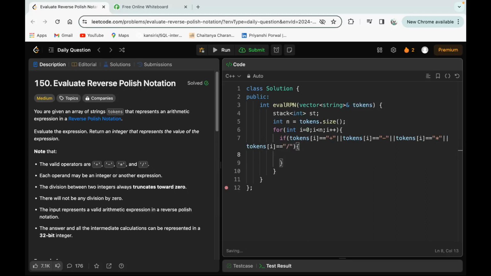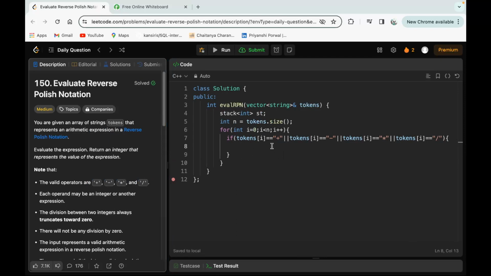So I have handled all the operators. There are only 4 operators, right? Now we will write the logic for what if tokens of i is an operator.